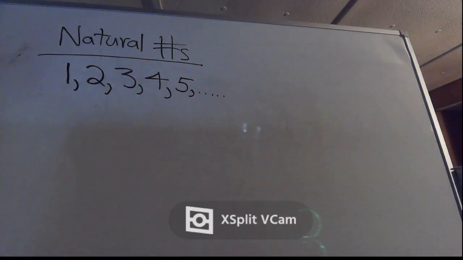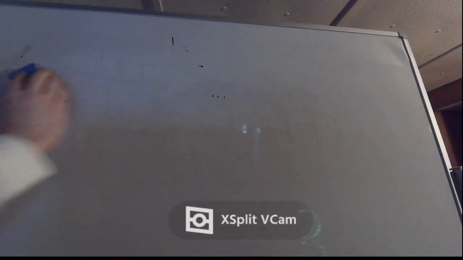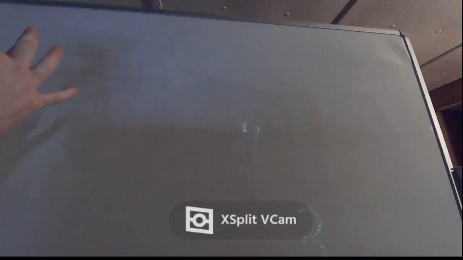For now, we are only going to deal with whole numbers. At some point, we will get into fractions, decimals, and percentages. But for today, and for the next few lessons, we're going to stick with whole numbers.